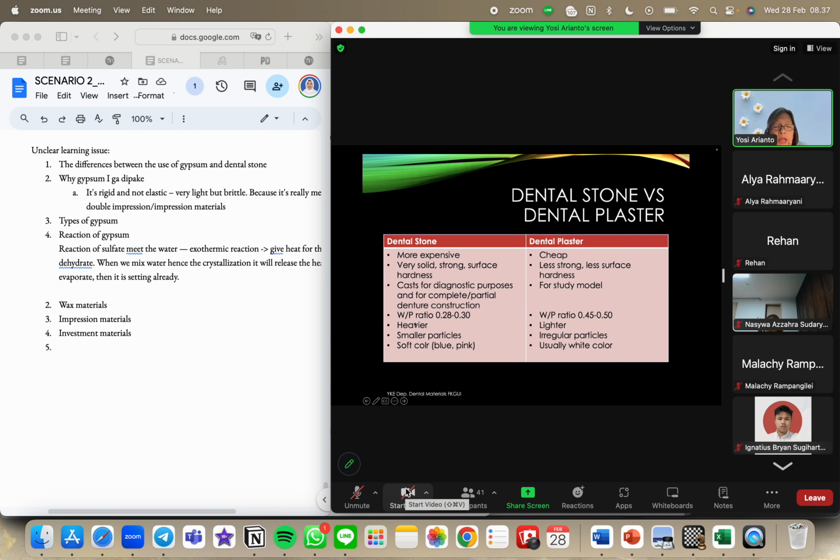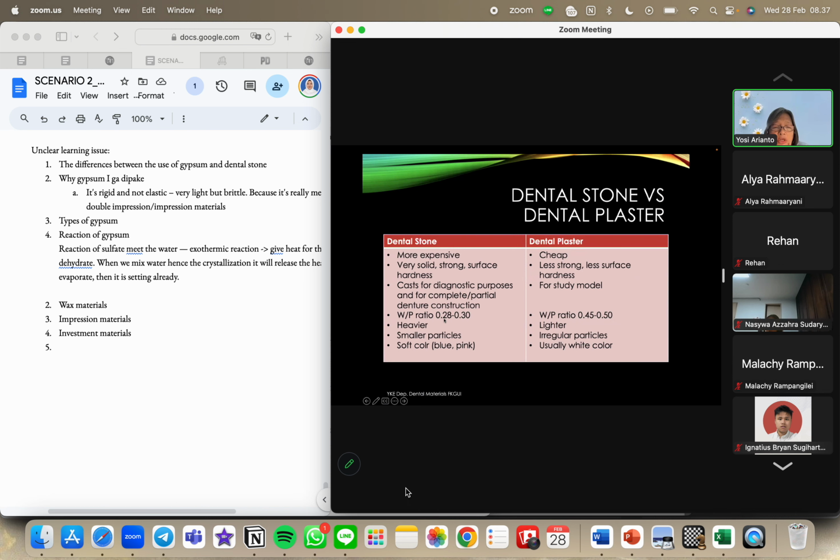In dental stone, the water powder ratio is 0.28 to 0.30, but dental plaster needs more water, with a water powder ratio of 0.45 to 0.50, because its particles are irregular and bigger than dental stone. Dental stone has smaller particles, so it needs less water to be mixed.